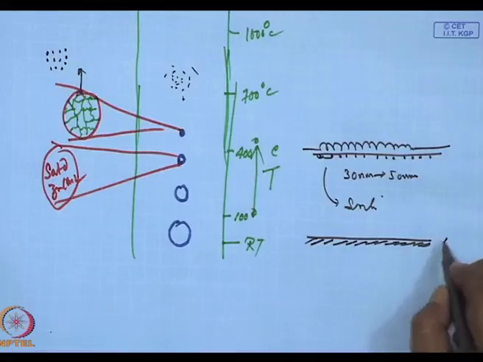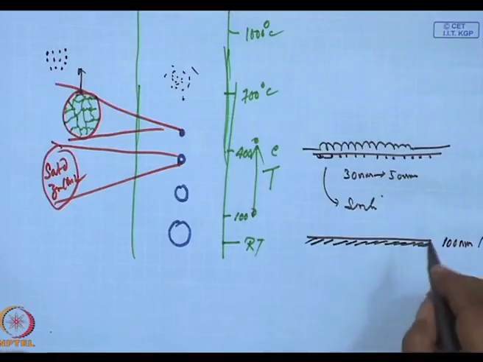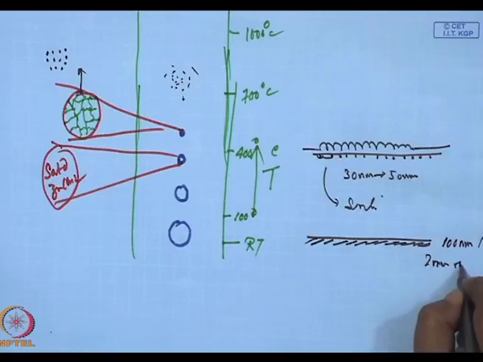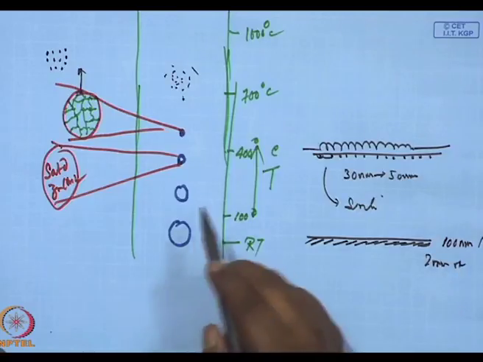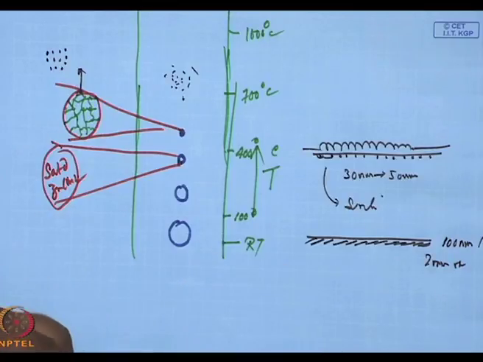I have grown very smooth, 100 nm thick, 2 nm RMS roughness films using this method. It requires patience, but this is one of the simplest techniques of growing thin films.